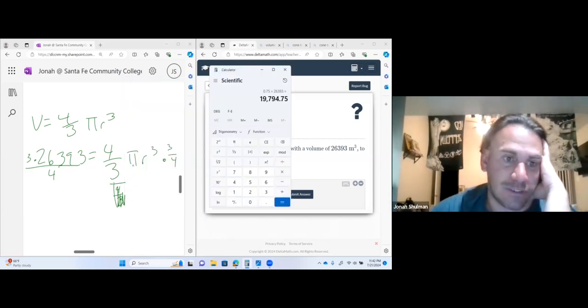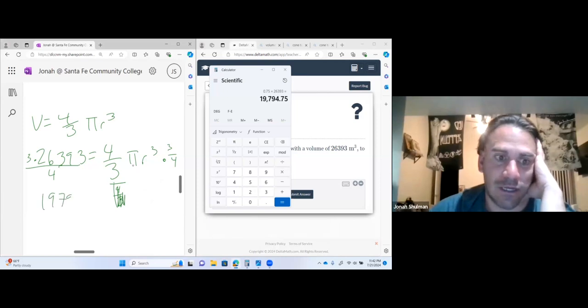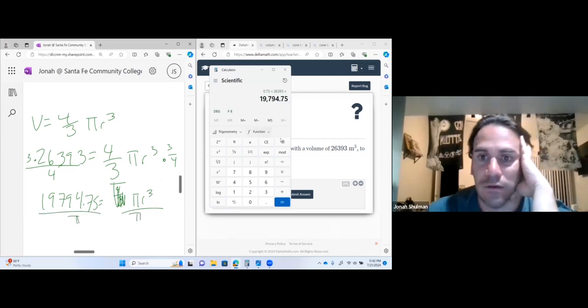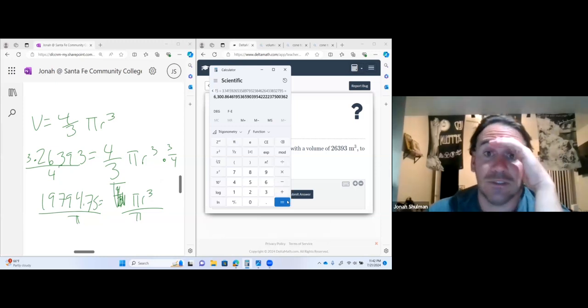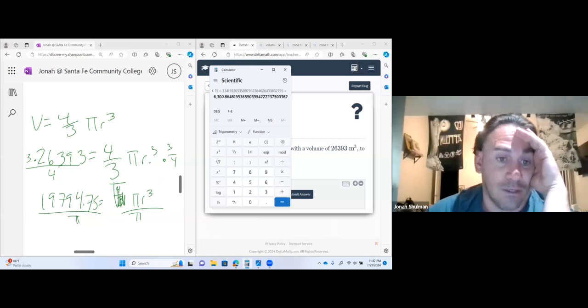The next step is to take this 19794.75, and we just have pi r cubed. Now we divide it by pi. So divided by pi, some crazy number, 6,300.